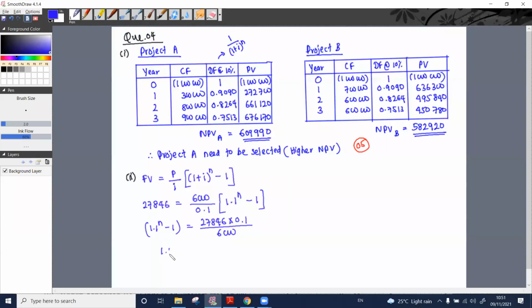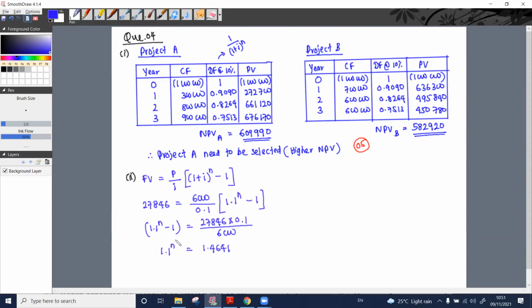So 1.1 to the power n equals 27,846 into 0.1 divided by 6,000 plus 1, since the minus 1 becomes plus 1 on the other side. The answer is 1.4641. Hope you got it.